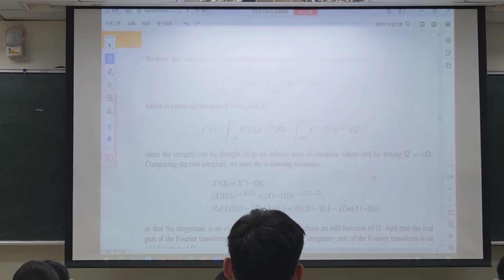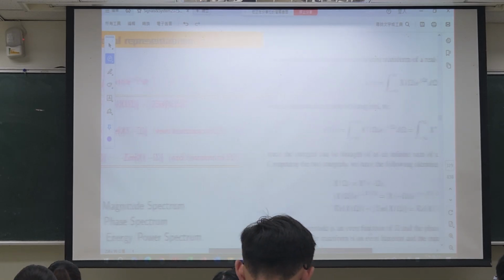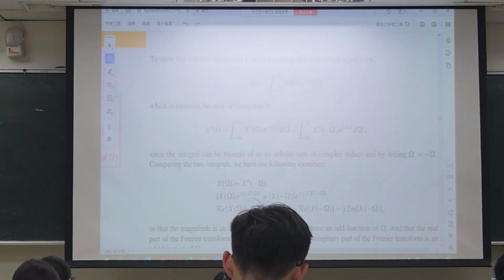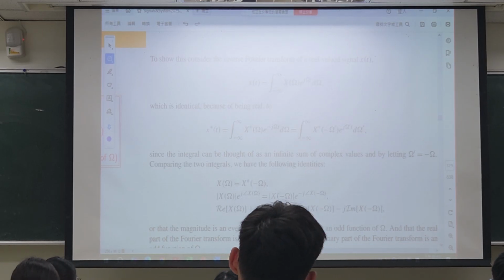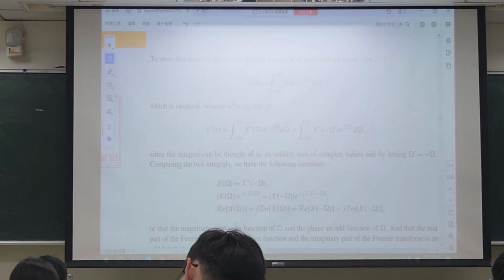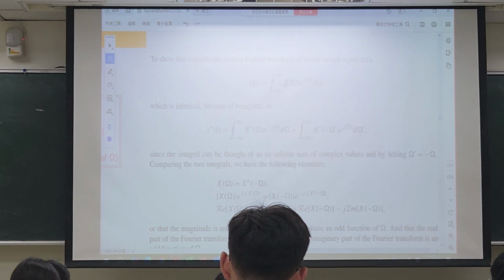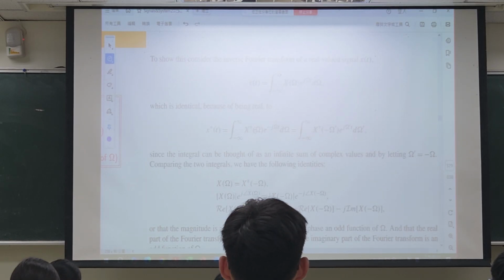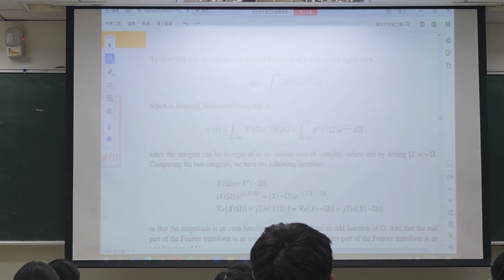If we define the frequency response the way we showed here, then x of t is the inverse Fourier transform of X of omega, given by this integral. Now, if I take the complex conjugate x star of t, I take the complex conjugate over the entire integral. So the first function becomes X star of omega, and the second exponential function becomes e to the negative j omega t.